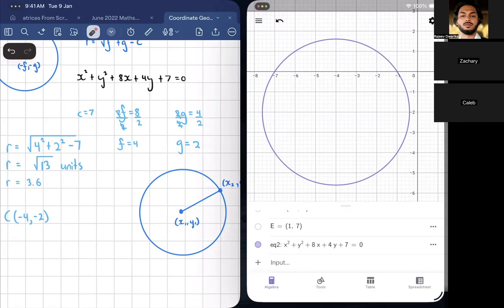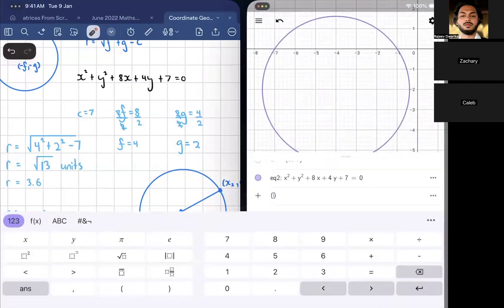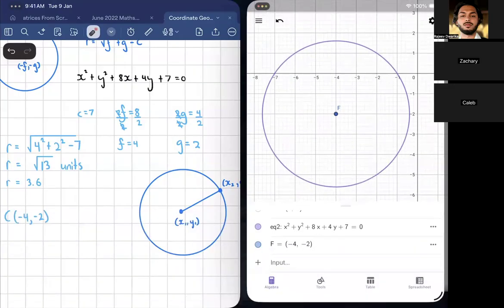Forget about what we found. What do you think the center would be? Minus 2 and minus 4, and minus 2. Let me put on the point: minus 4, comma, minus 2. I think we could both see that.